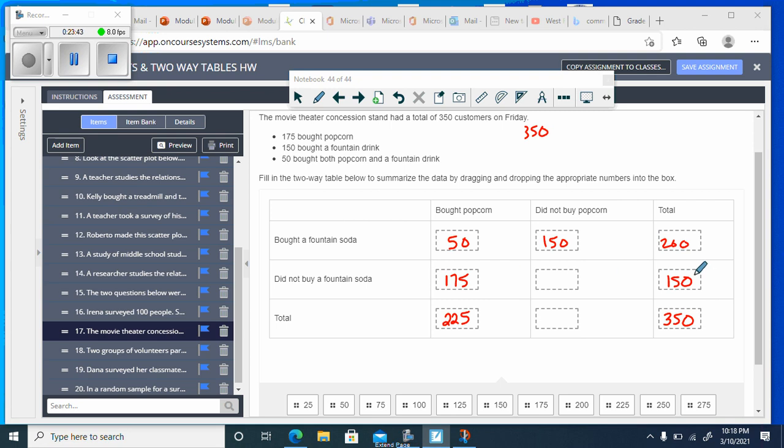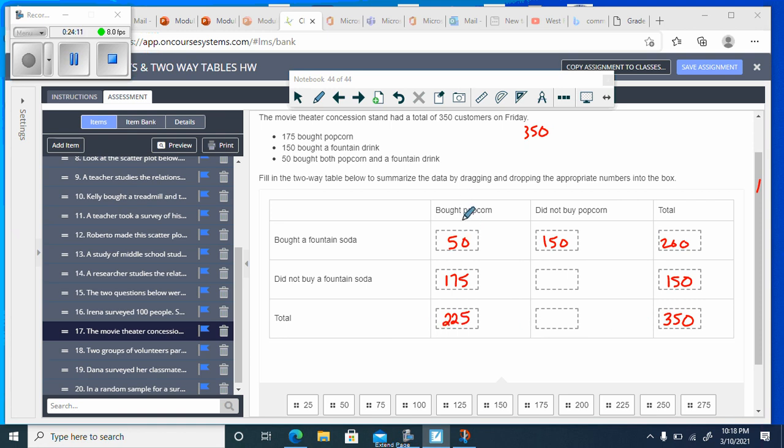So 175 to get to 150, that's not right. Did not buy a fountain drink. Bought popcorn, did not buy fountain. Wait a minute. Got to go back up. I'm missing something here. There's a total of 350.